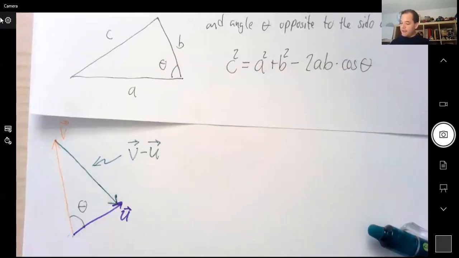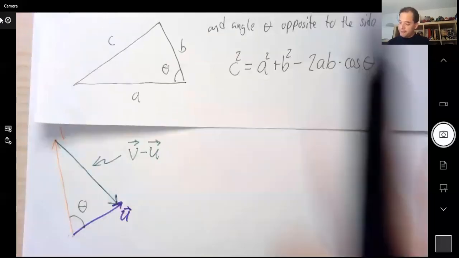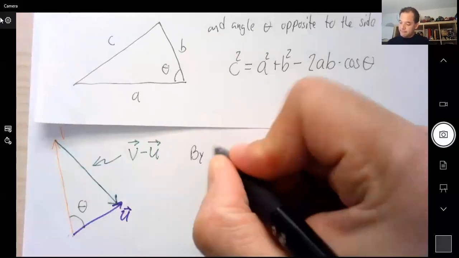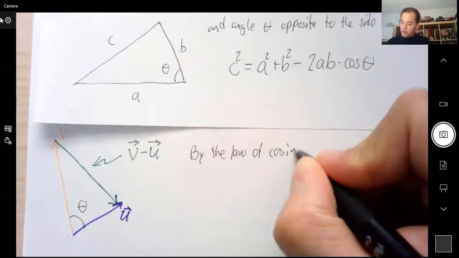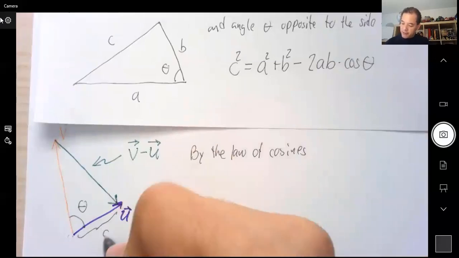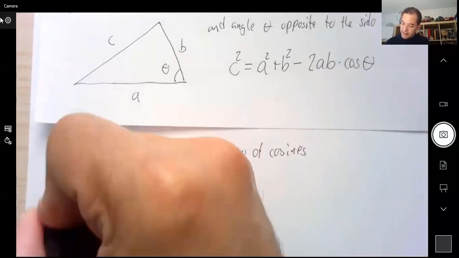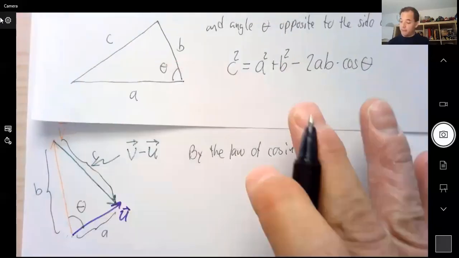Okay, so now let's apply the law of cosines to this triangle over here. So by the law of cosines, for that, this is going to have to be A, this is going to have to be B, and the length of this is going to have to be C. I mean the lengths, right? The magnitudes.